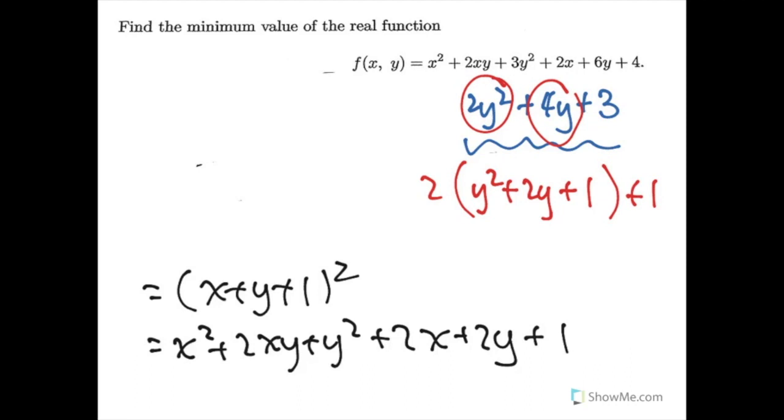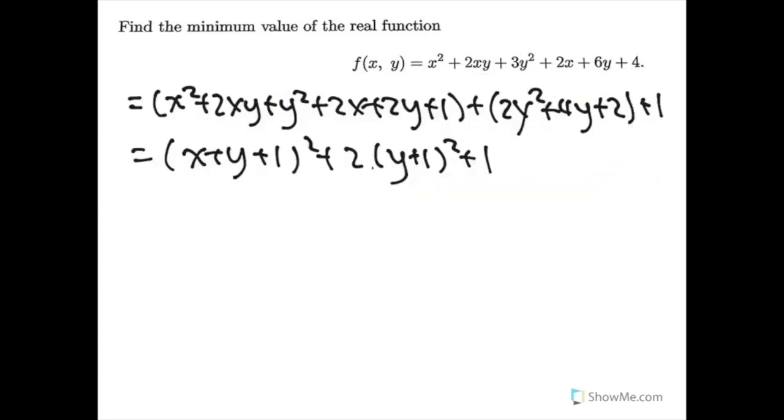And so we see that this blue thing is actually equal to 2 times (y plus 1) all squared plus 1. So I suppose now we have completely perfected the square for this. And let me just clean this board up a little bit. Alright, so this is what we've got so far. I've rewritten everything and cleaned it up.